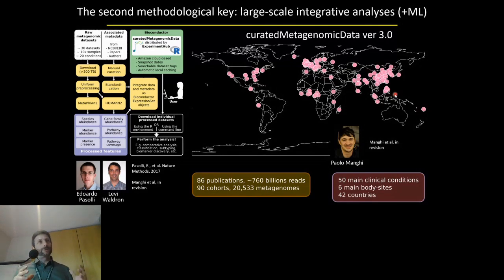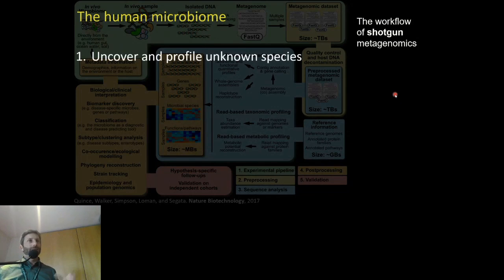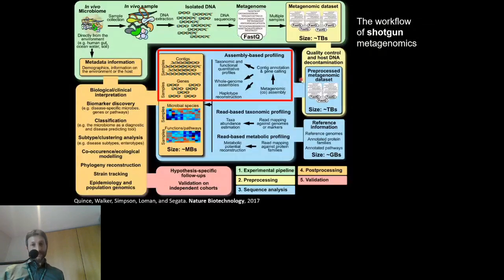But so this was a bit of an introduction about the need for these methodologies to dig more into the bottom of these microbiomes. So let me show you a little bit more than just that skin sample on how to profile unknown species in the human microbiome. And just as a reference, we are looking at this part here, in which we are doing assembly-based profiling of metagenomes.